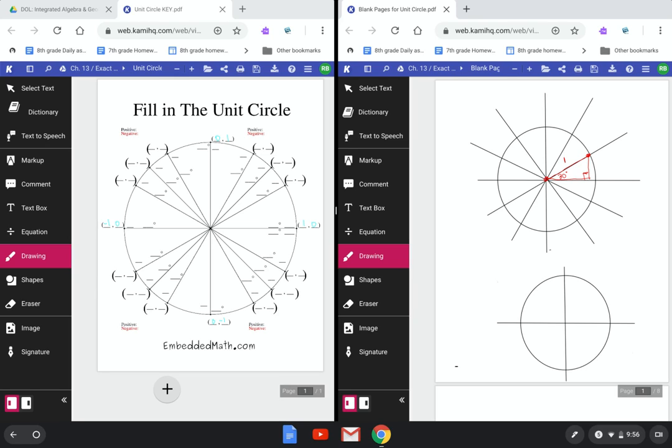So if we have 1 there, 1 is equal to 2s. Therefore, across from the 30 degrees is equal to s. S is equal to 1/2. So this would be 1/2. And then across from the 60 degrees, which would be down here on your x-axis, that would be s root 3, which is the square root of 3 over 2.